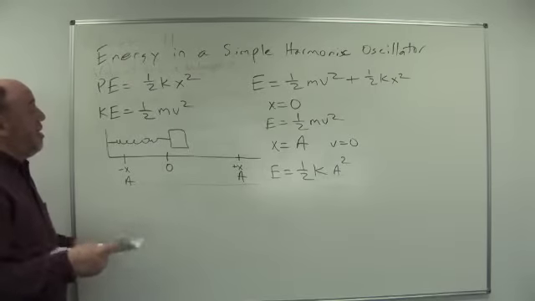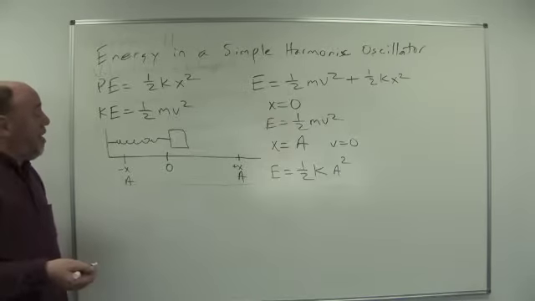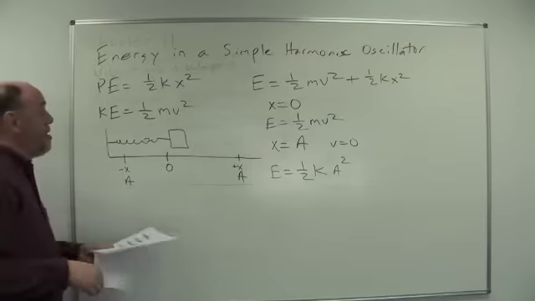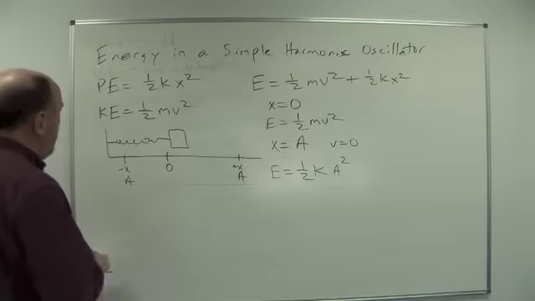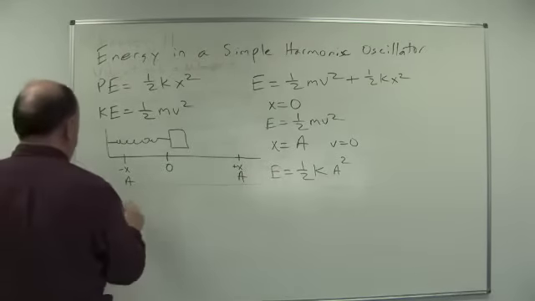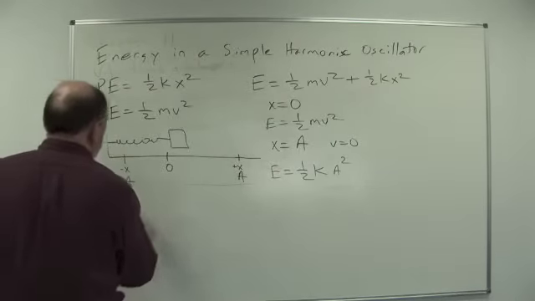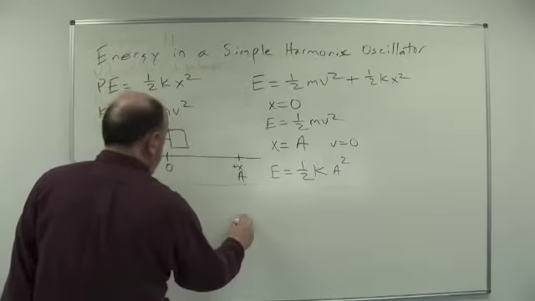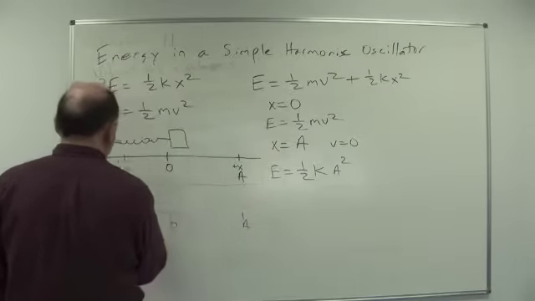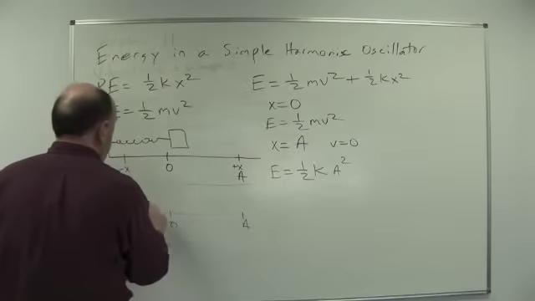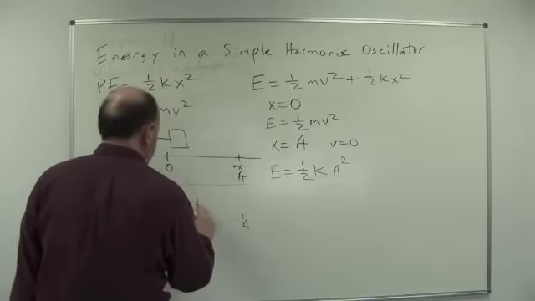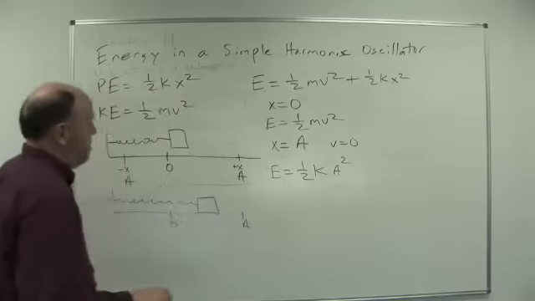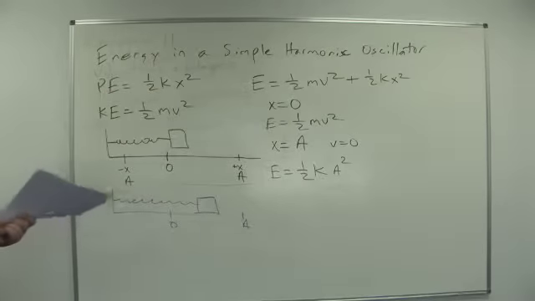Right? But then we get where the block is somewhere in between, and so now let's look at what happens if instead of being at the 0 mark, or the amplitude mark, my block is now somewhere in between those two marks.